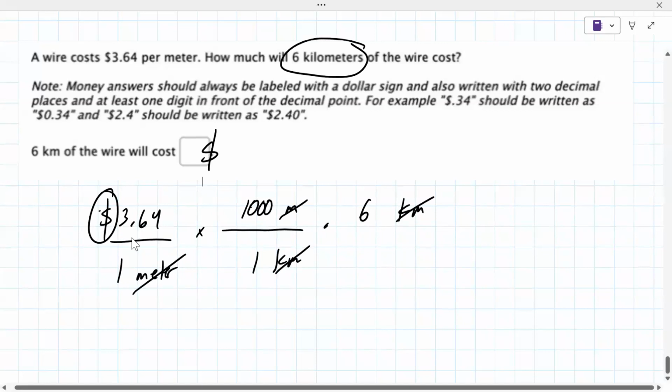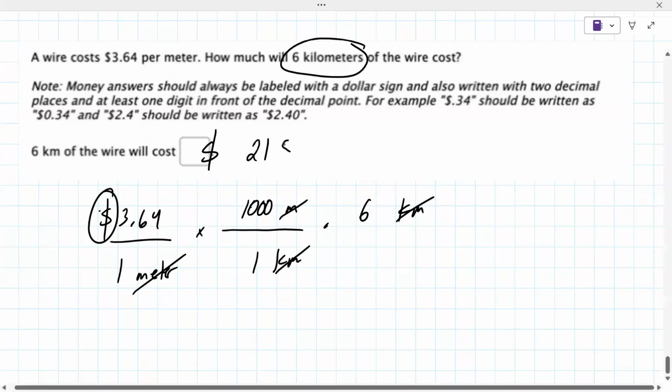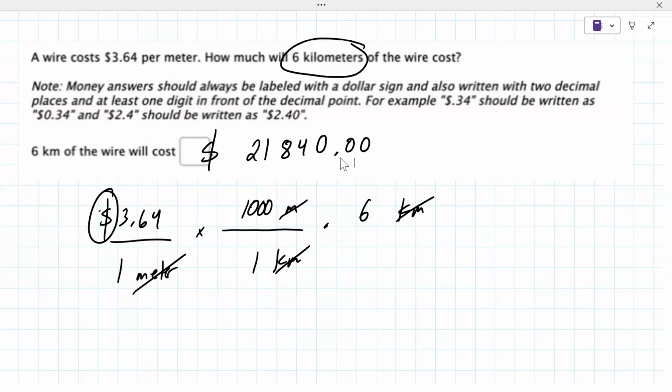So we got 3.64 times 1,000 times 6, which is 21840.00. It says you have to enter the last digits, so $21,840. Cool. Got that one right.